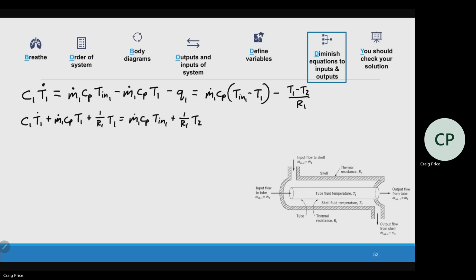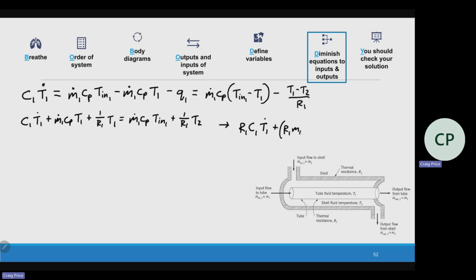And I always just like to get rid of these fractions, so multiply both sides by R1. We can get R1 C1 T1 dot plus, I can combine these.